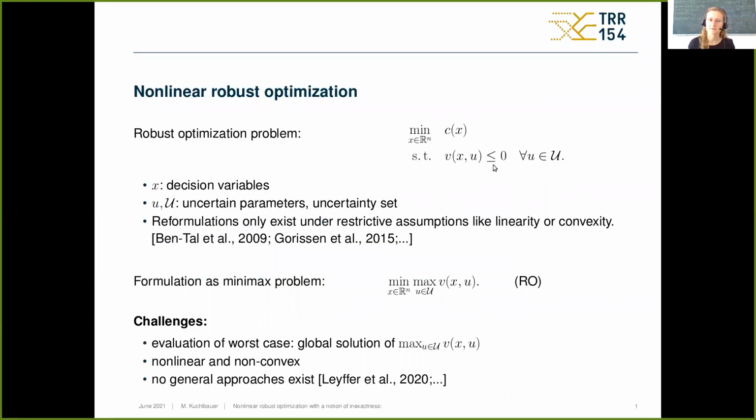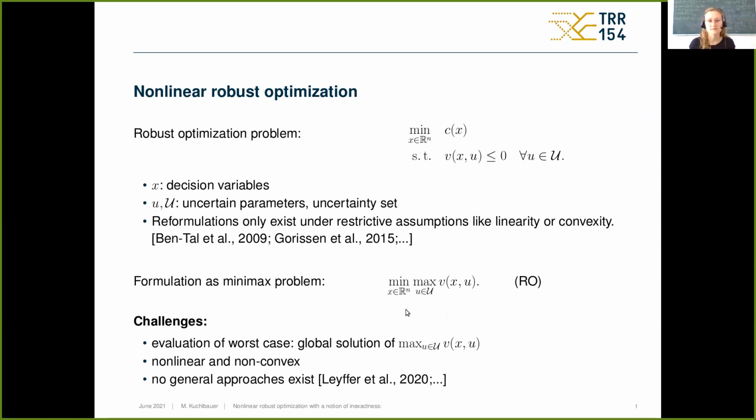First, we see here the setting of nonlinear robust optimization, where we have a decision variable x and an uncertain parameter u, so this constraint should be fulfilled for every possible realization of u. For this type of problem, there are some reformulation approaches, but usually they require restrictive assumptions such as linearity or convexity.